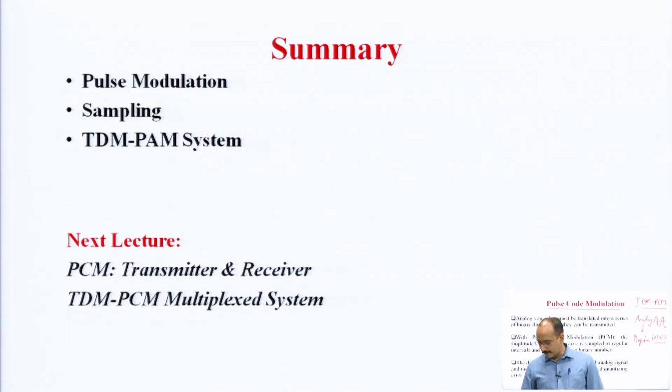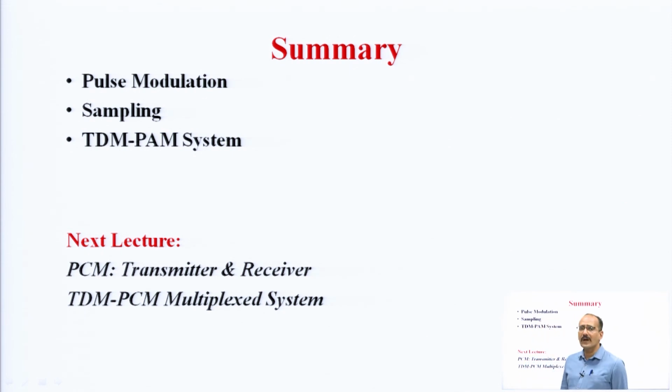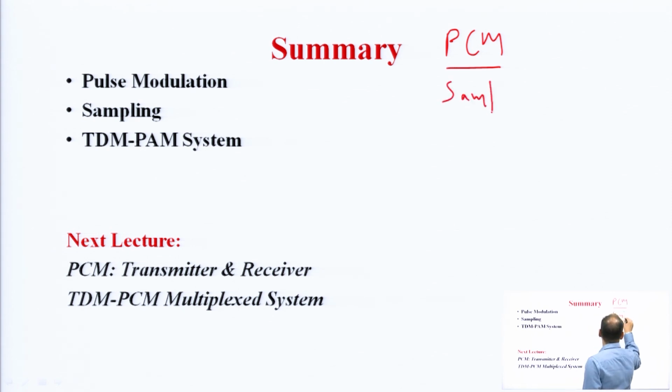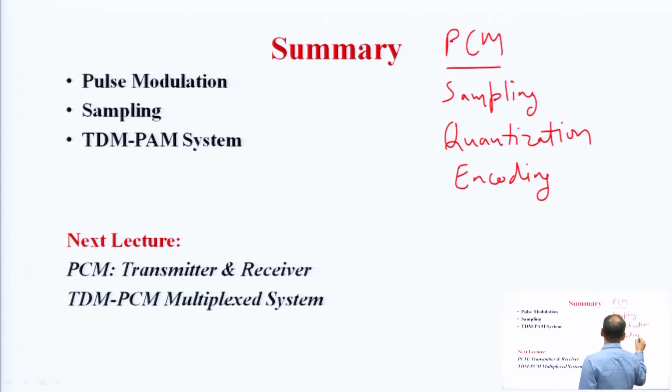Here you have to understand one point: in pulse code modulation you are going to perform three basic steps. First one is sampling, second is quantization, and third one is encoding.